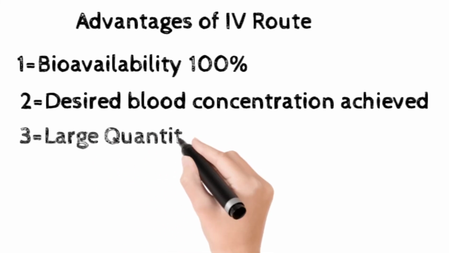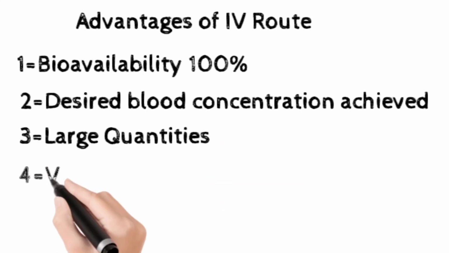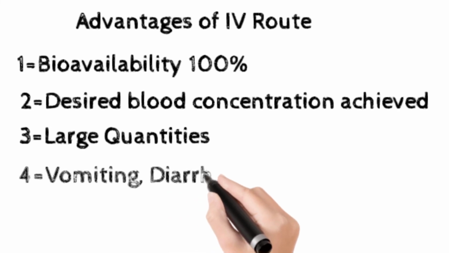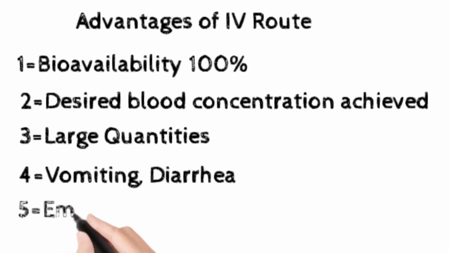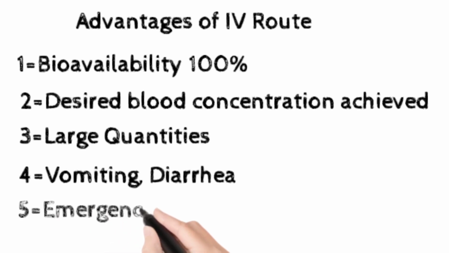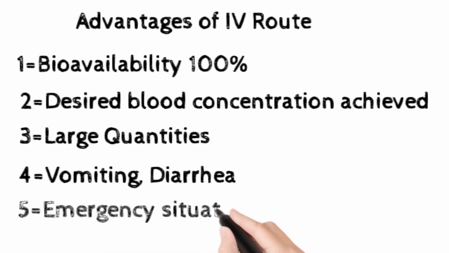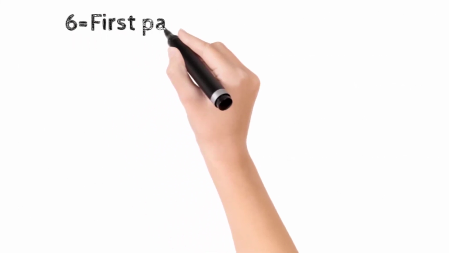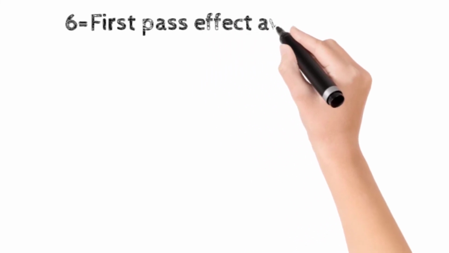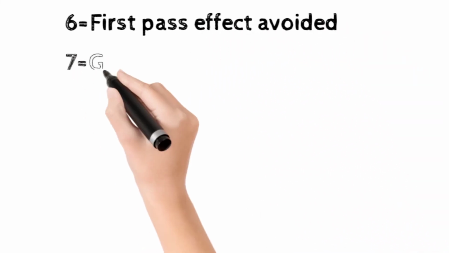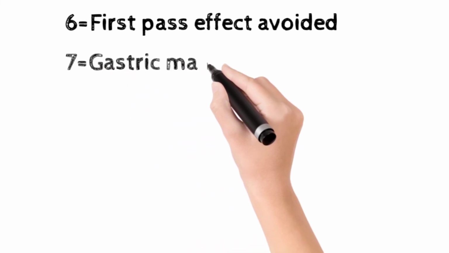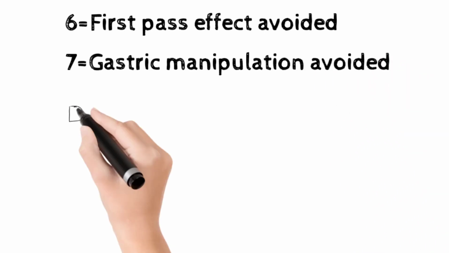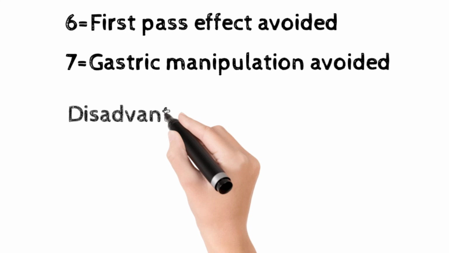The third is that large quantities can be given. Next, we can give the drug by the IV route in vomiting and diarrhea patients. Next, we can give IV drugs in an emergency situation. The sixth advantage is that the first pass effect is avoided, therefore bioavailability is 100%. Number 7 is that gastric manipulation is avoided. These are the 7 advantages of the IV route.